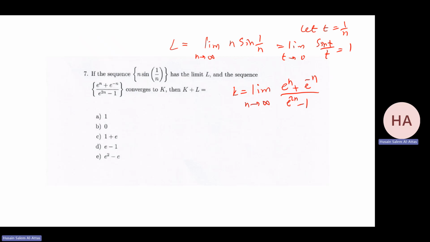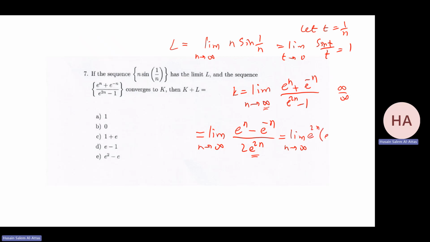If I apply these things, I have infinity over infinity. So let me do L'Hopital's rule. I have e to the power n minus e to the power minus n over 2 e to the power 2n. Now I need to take a common factor. Since I have e to the power 2n, take e to the power 2n as a common factor.